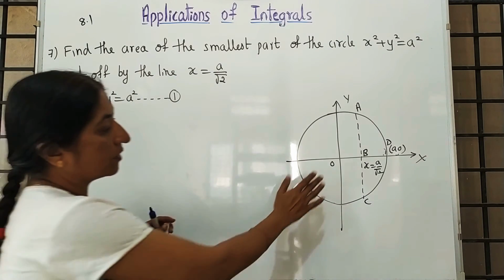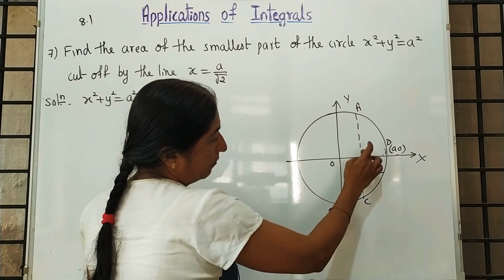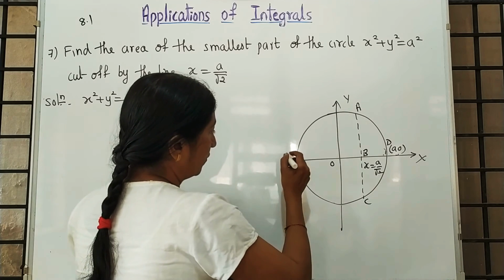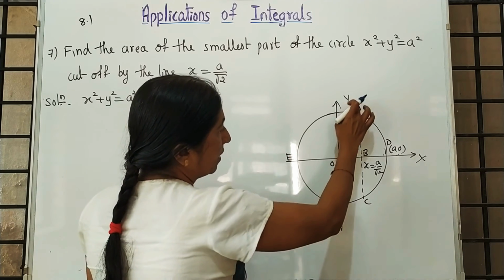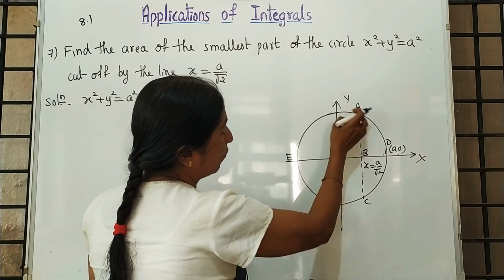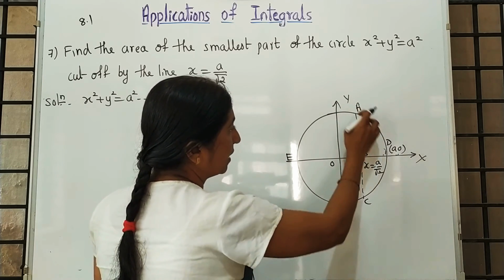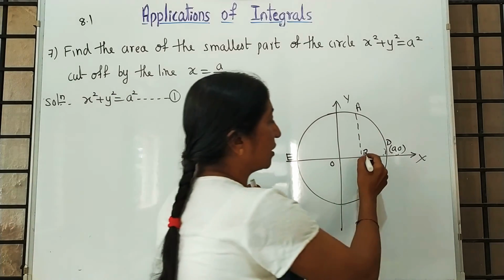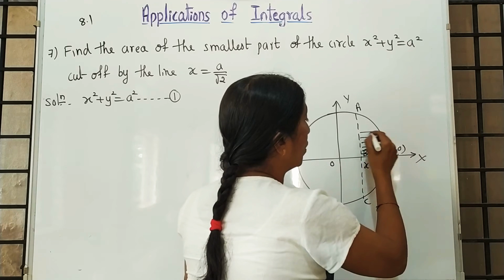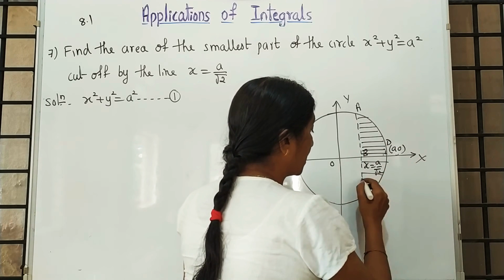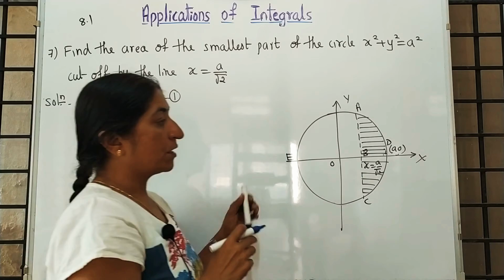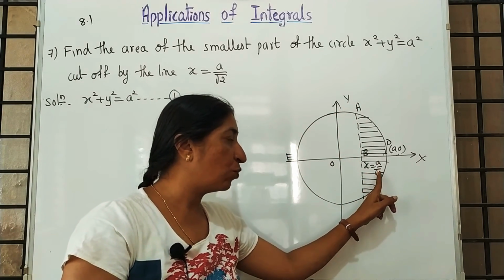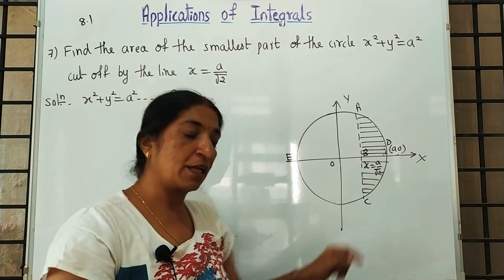One part is A, B, C, E, A, and another part is A, B, C, D, A. Which part is the smaller part? The shaded part that I am showing is the smallest part. Our question is to find the area of the smallest part. The perpendicular is a by root 2 and here it crosses the x axis.